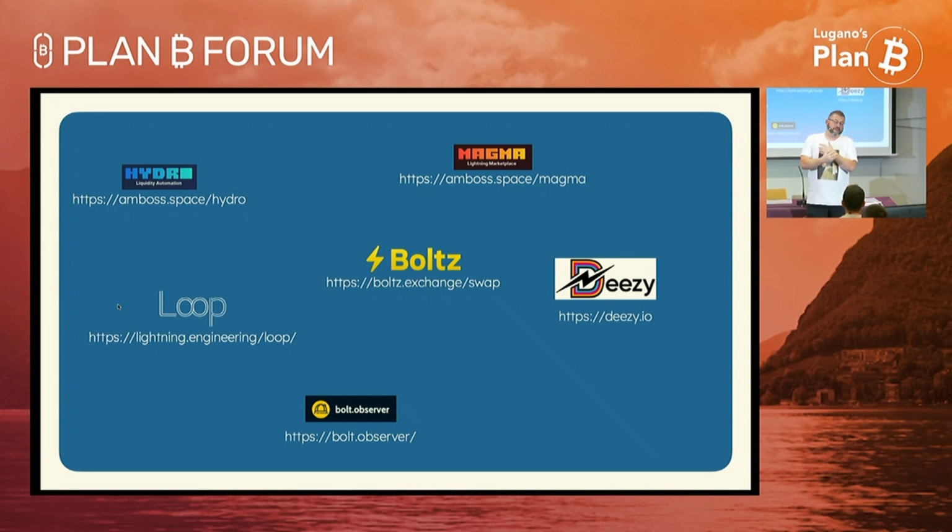There are marketplaces as well, like Magma, who actually provide you with inbound liquidity, Dizzy as well. So you basically pay some Satoshis or sometimes even fiat to set up a channel with this specific service provider at the specific height you need inbound liquidity for.